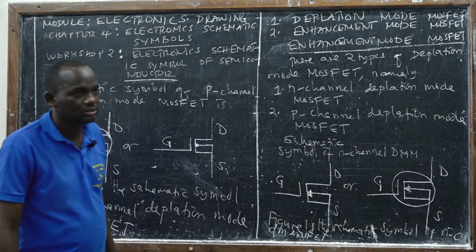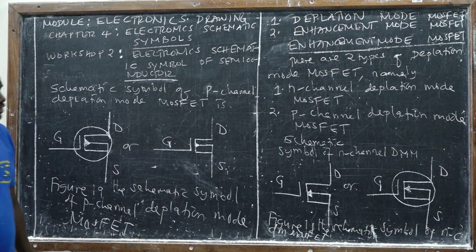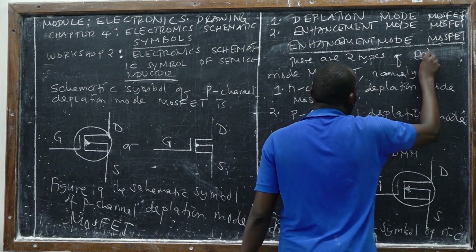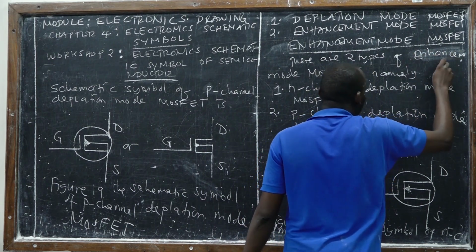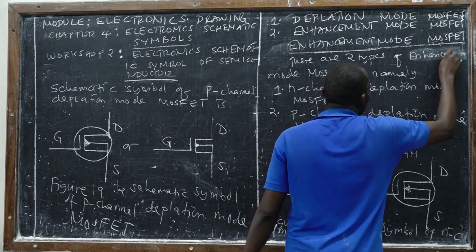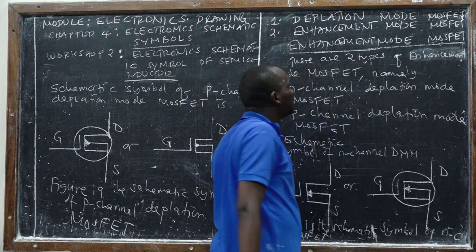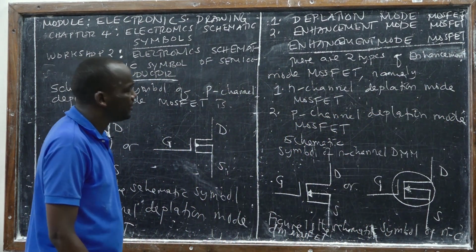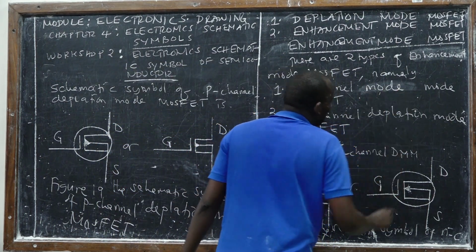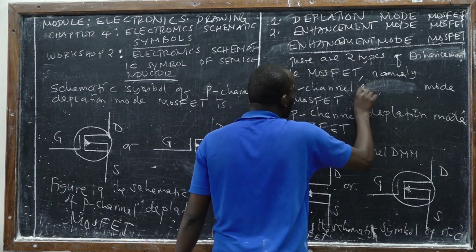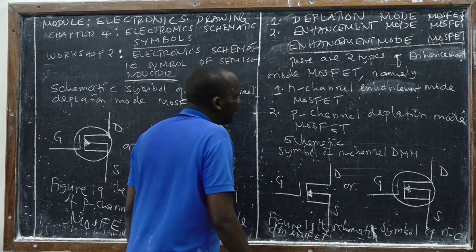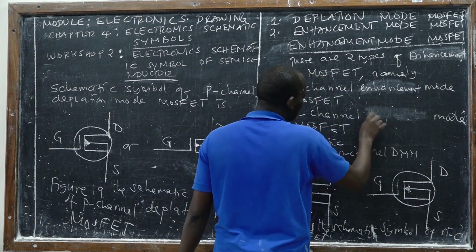Enhancement mode MOSFET. There are two types of enhancement mode MOSFET, namely N channel enhancement mode and P channel enhancement mode.